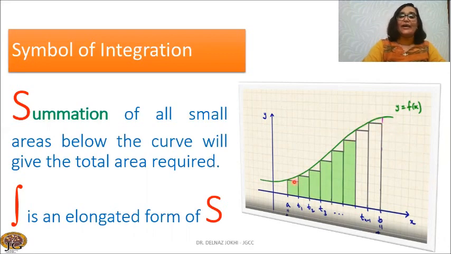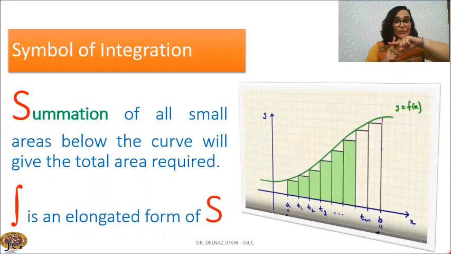If you want to find the area below the curve, you suppose that you divide the entire area into small areas, and you find those small areas. Naturally, when you have the small areas and you add them up, adding in statistics and maths is summation. Do you remember? All right. Integration means summation.